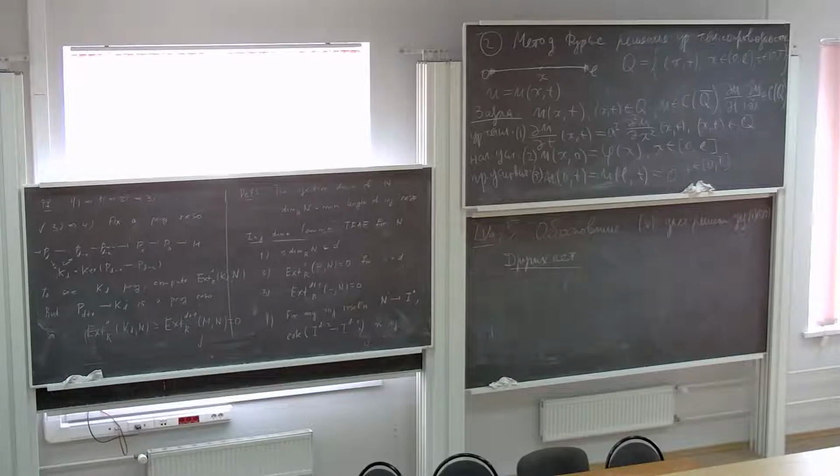So that's one example. Let me give another example. Let's say K is a field. Let's say R is a field. If R is a field, then every module is free.